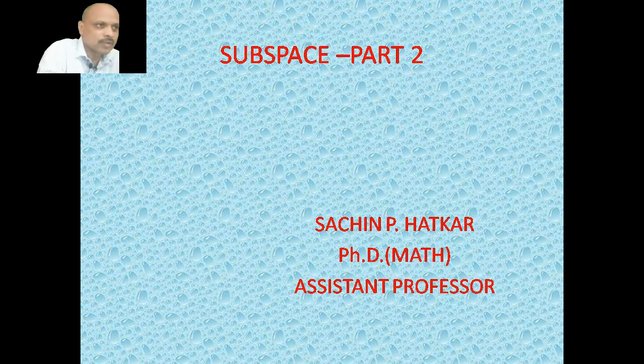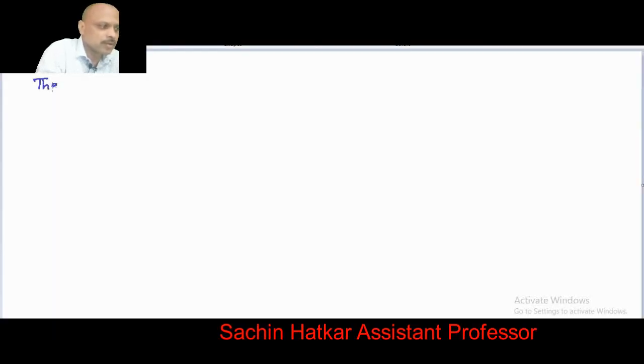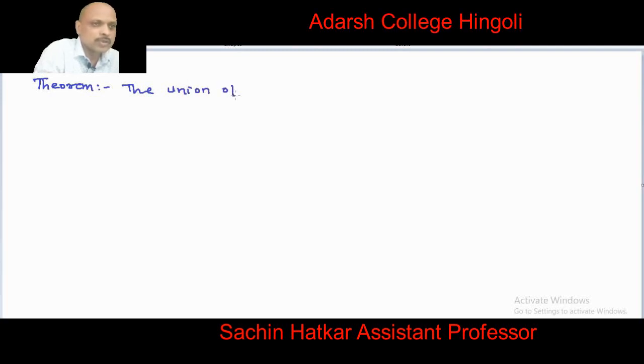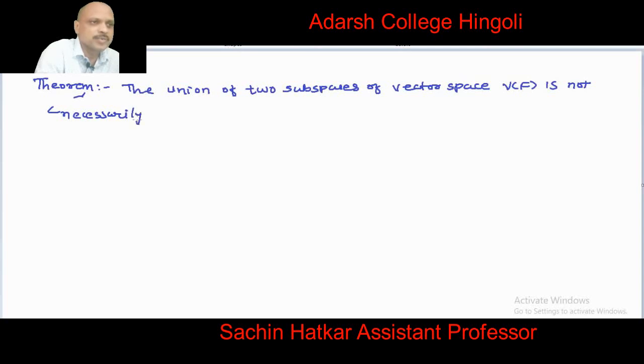Theorem: the union of two subspaces of a vector space V of F is not necessarily a subspace of the vector space.